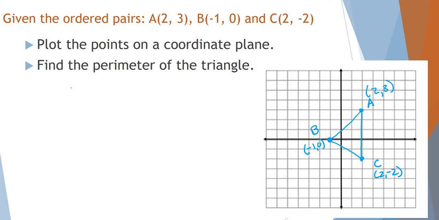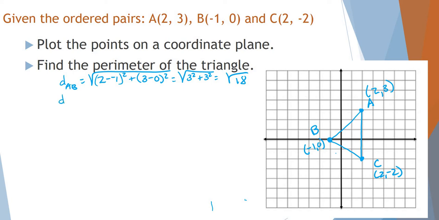So the distance, and again I'm going to use some subscripts, of AB is the square root of x minus x, 2 minus -1 squared, plus y minus y, 3 minus 0 squared. That's the square root of 3 squared plus 3 squared. That's the square root of 18. And I'm just going to leave it like that for now.